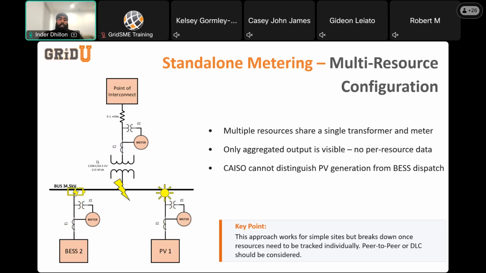There is no way to distinguish how much power is coming from each individual resource, and no way to associate losses with a specific unit. And from an operational standpoint, this becomes a limitation when resource level visibility is required, whether for performance tracking, dispatch verification, or more detailed settlement. So at that point, the single aggregated measurement is no longer sufficient.